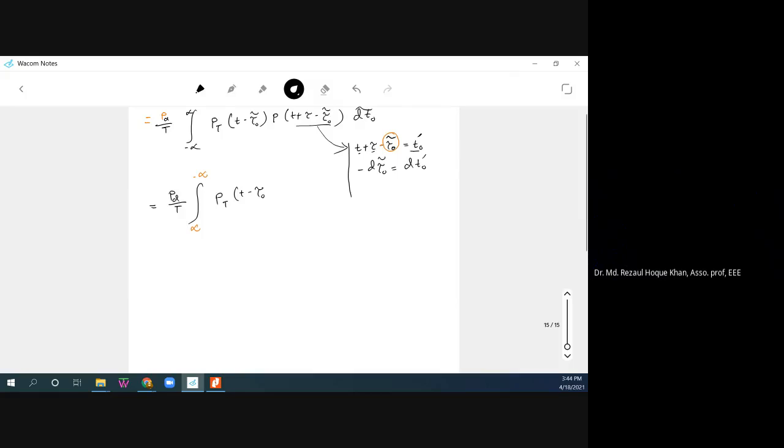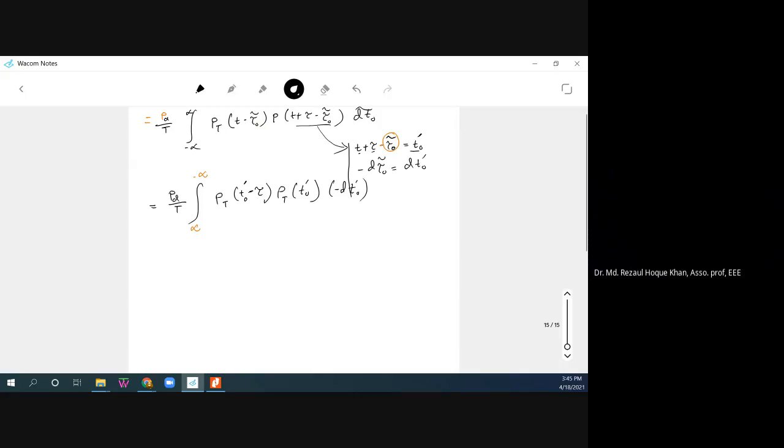From here we can find t − t0 tilde equals t0 prime minus tau, and dt0 tilde equals minus dt0 prime.